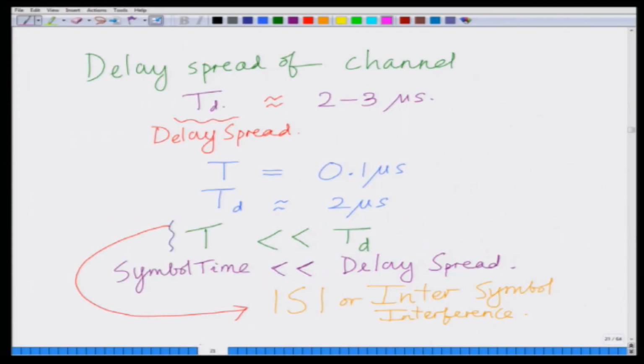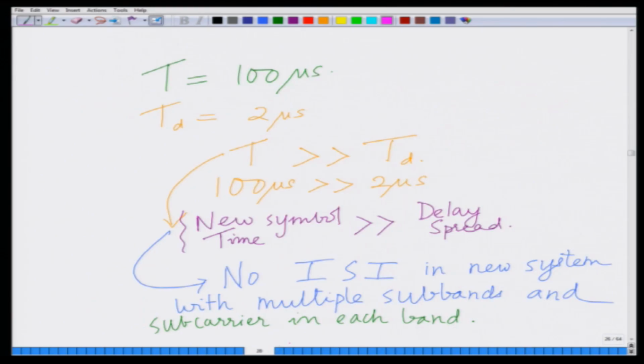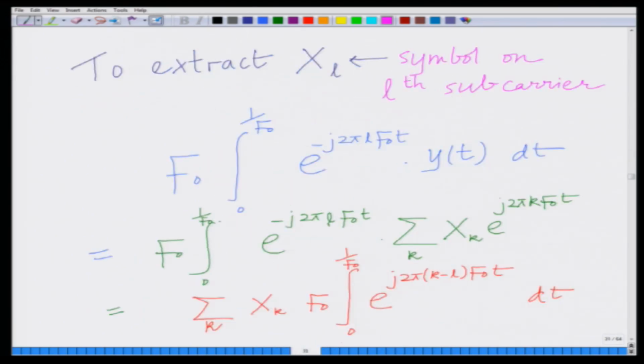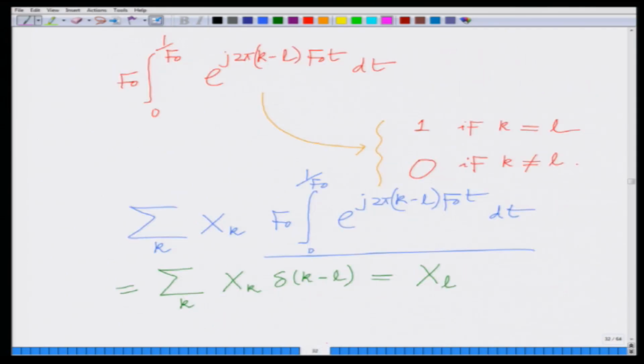Right. Now, why is this orthogonal frequency division multiplexing? First of all, remember the different subcarriers are orthogonal. Let us go back to the previous lectures to look at this. If you remember, we looked precisely at this orthogonality property of the subcarriers.